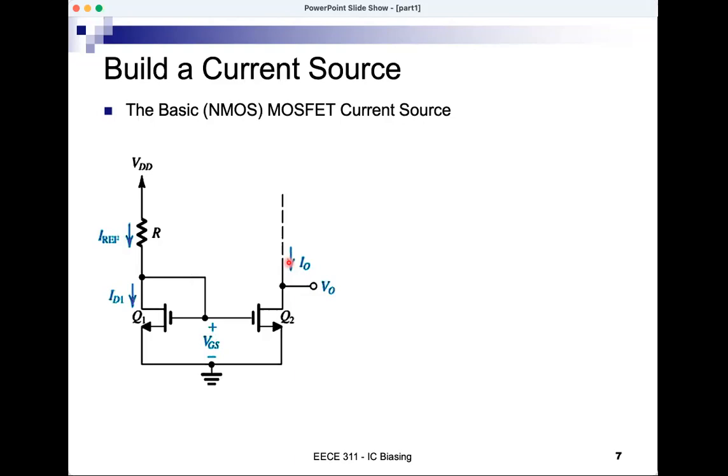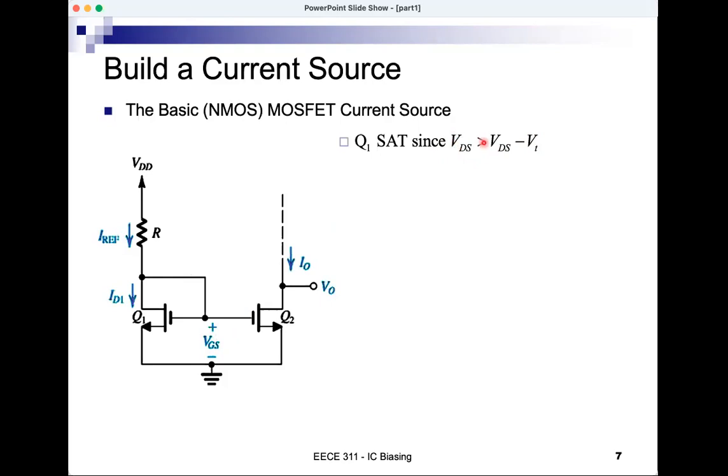So Q1 has VDS equal to VGS. Now it's an N MOSFET, so its VT is positive. So VDS would be greater than VDS minus VT, right? If VDS is positive and VT is positive, then VDS would be greater than VDS minus VT.